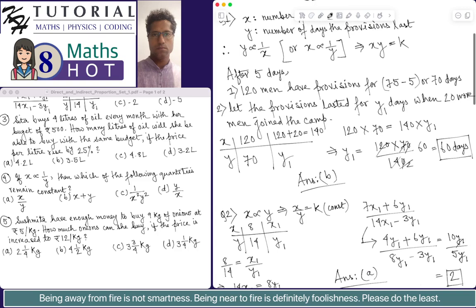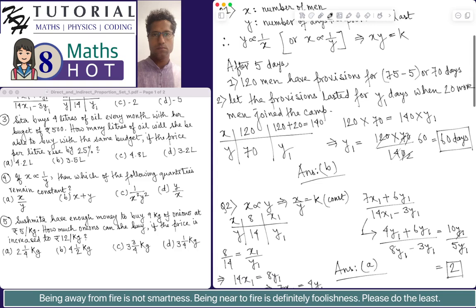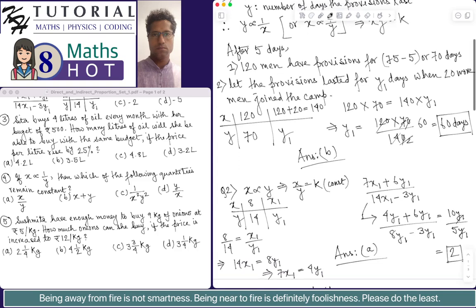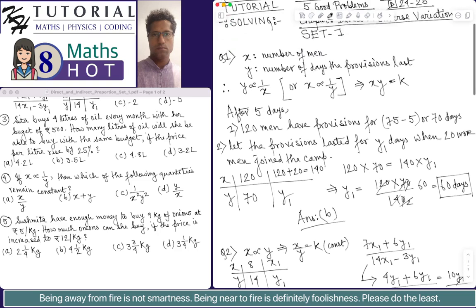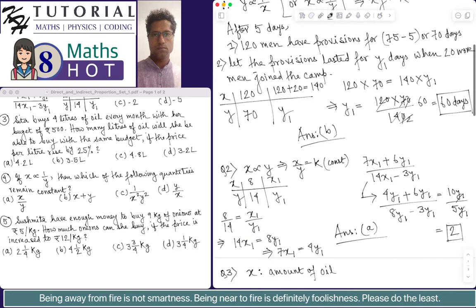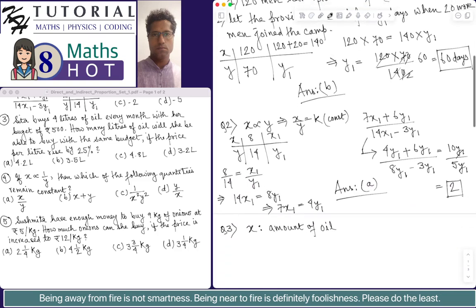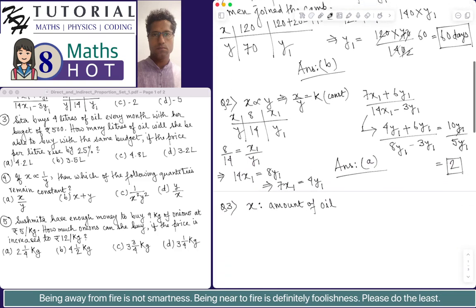X was the number of days, which is basically an integer, and Y is also a number. So no unit was required for problem number 1, and also problem number 2 was basically a conceptual problem.